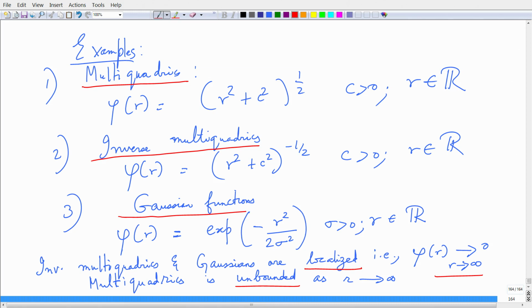So, there is this duality between when r equals 0 and r equals infinity, and this behavior is important for us, and when r goes to infinity it really becomes localized. And the multi-quadrics is unbounded, and as r goes to infinity this heads to infinity.